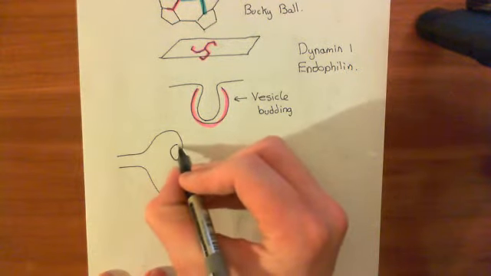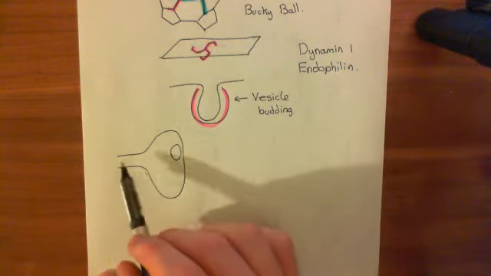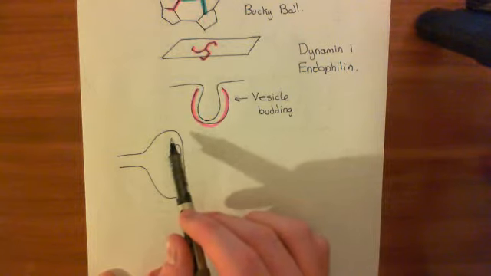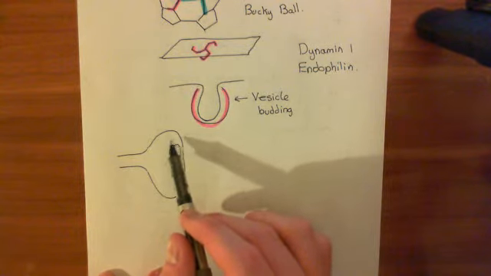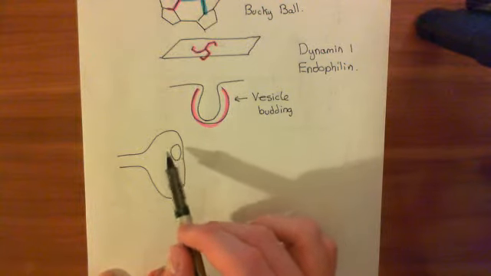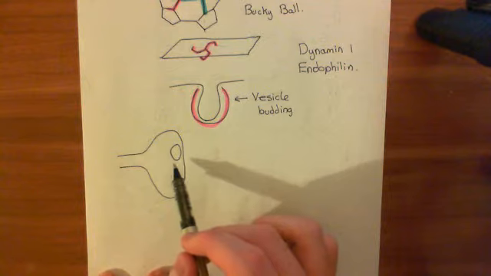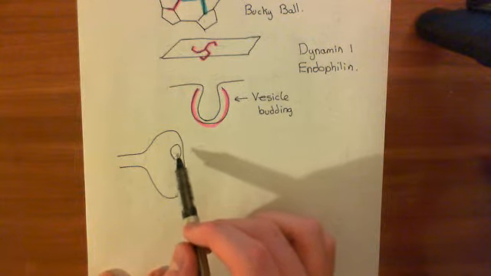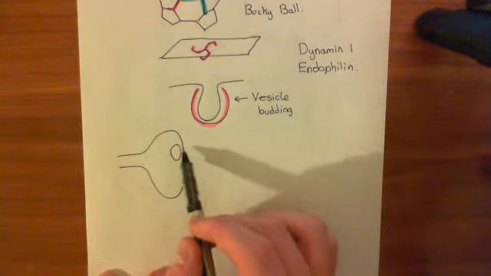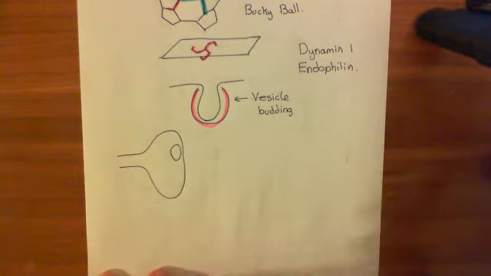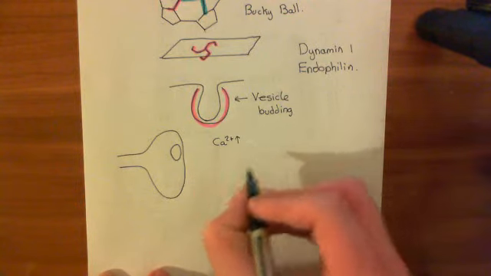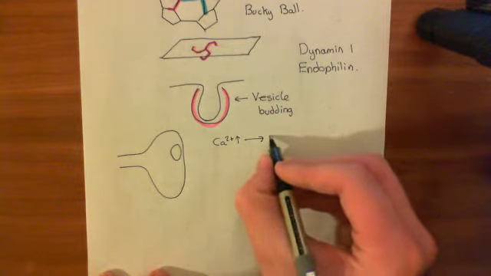If we've got a docked synaptic vesicle here, then when an action potential propagates along the axon into the axon terminal, this causes voltage-gated calcium channels of the N and PQ type to open, and they cause calcium level to go up within the cytoplasm of the cell. This then leads to the fusion of the synaptic vesicle membrane with the presynaptic membrane, i.e. it leads to exocytosis. So increased calcium level within the cytoplasm leads to exocytosis.